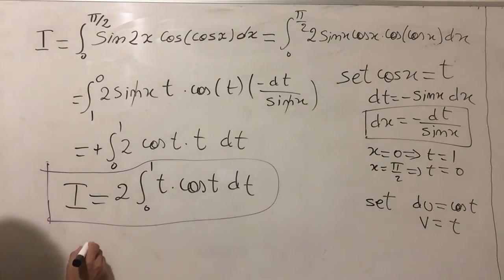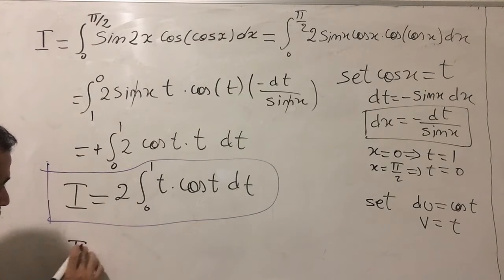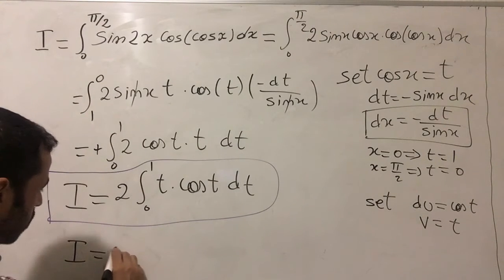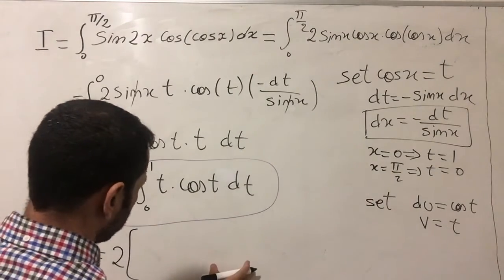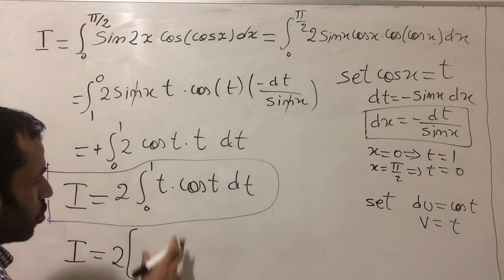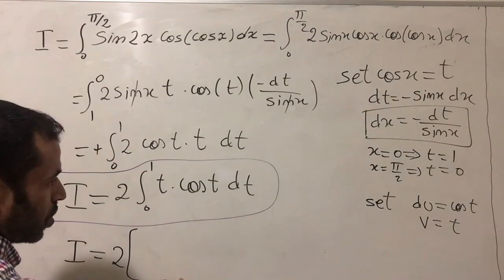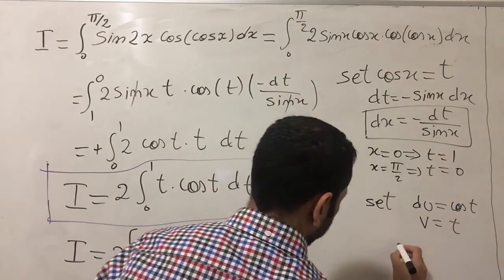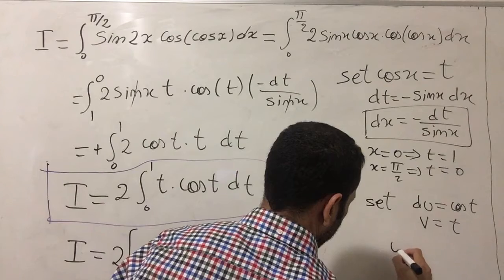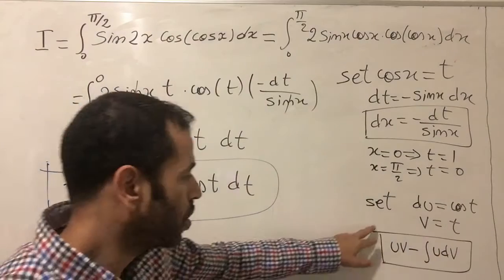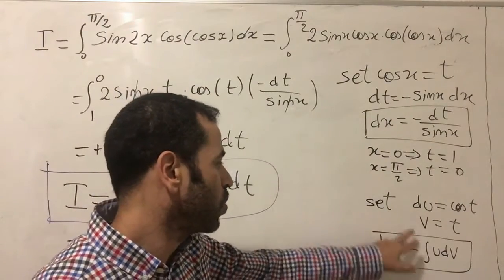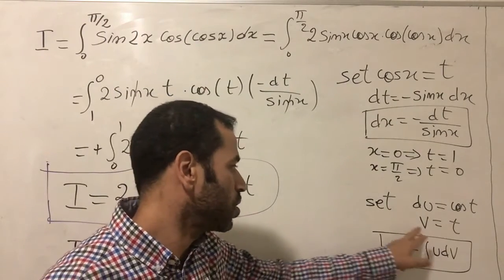So now my integral I becomes 2 times, I'm taking the 2 out of this expression, so I will have the first integral as we see here. My integral becomes uv minus the integral of v du. This is the general expression of the integration by parts method.